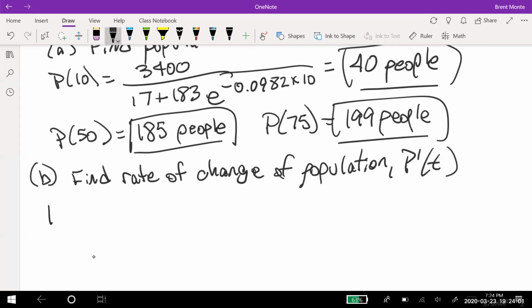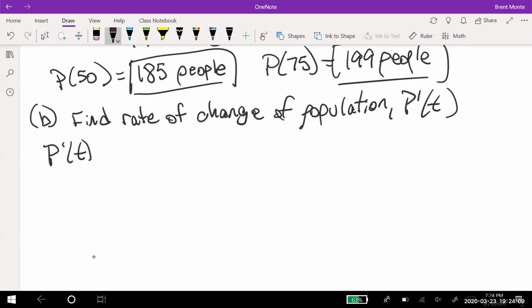All right, so now when I take the derivative, of course I have to use the product rule. So let's go, we have low D high.